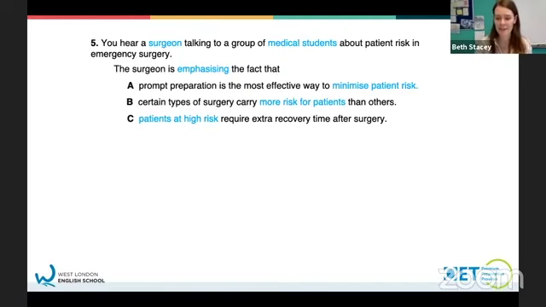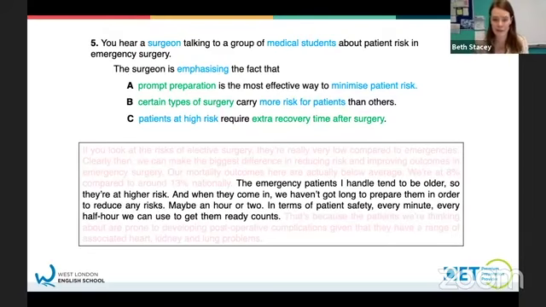So actually the most important part of each option is the other side. So prompt preparation, so preparing quickly, the different types of surgery, or the recovery time. So even though risk is there, it's everything else in the answer option that is more important.